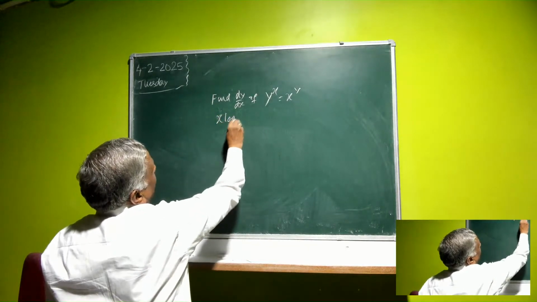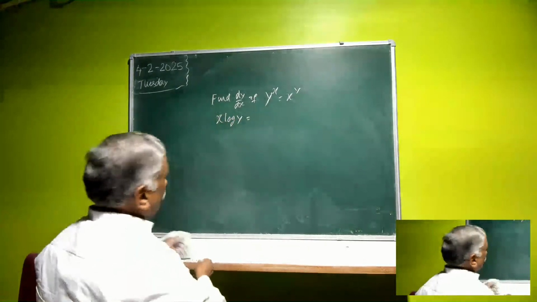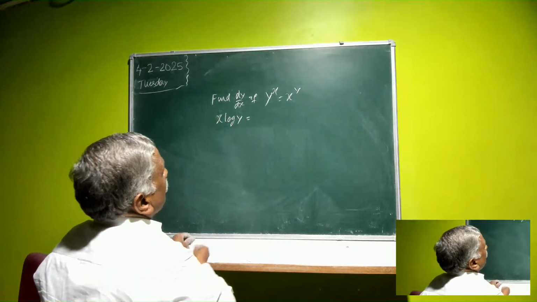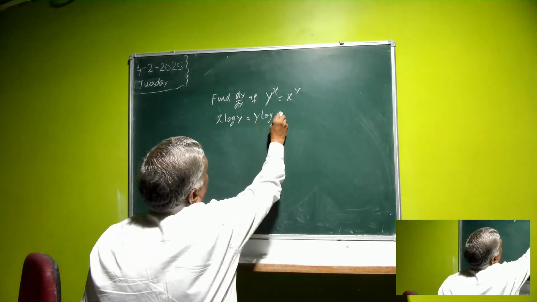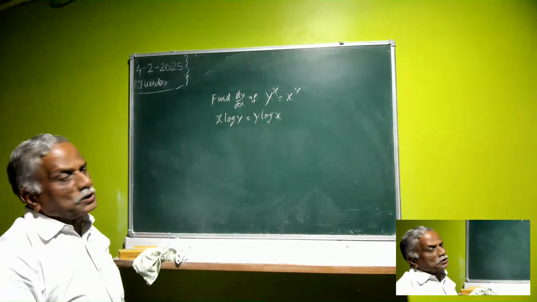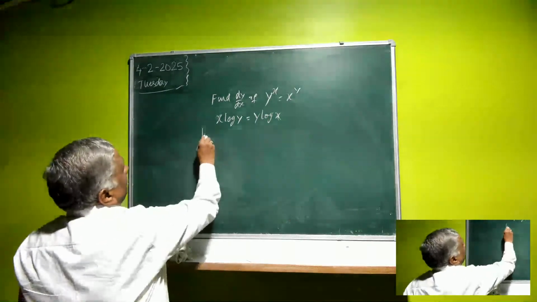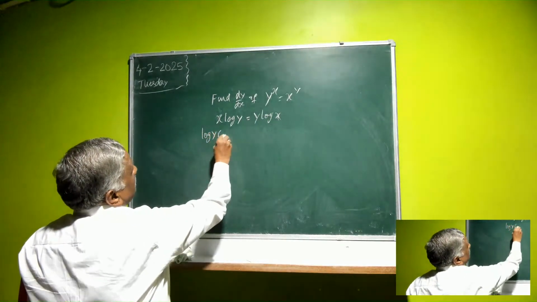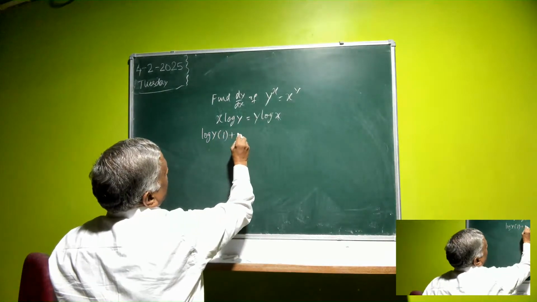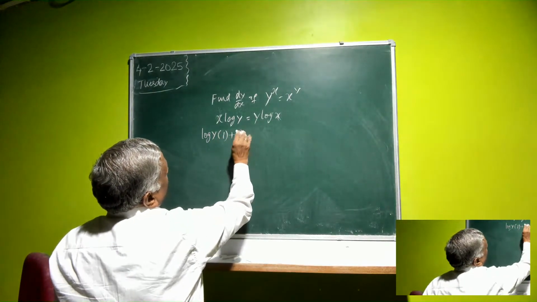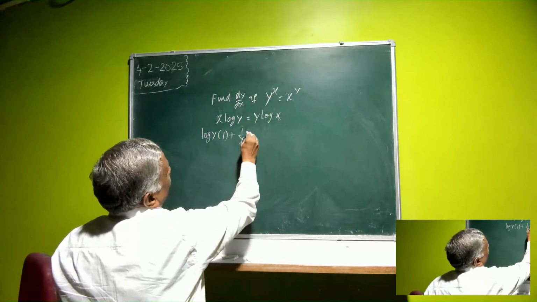Taking log, x log y is equal to y log x. Both are product rule. Keep log y, differentiate x, you get 1. Keep x, differentiate y, 1 over y into dy by dx.